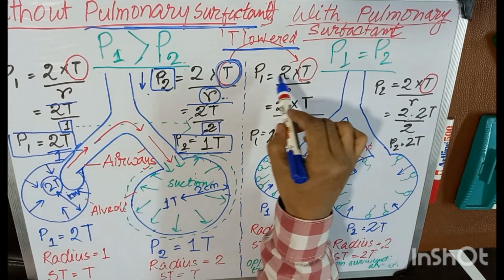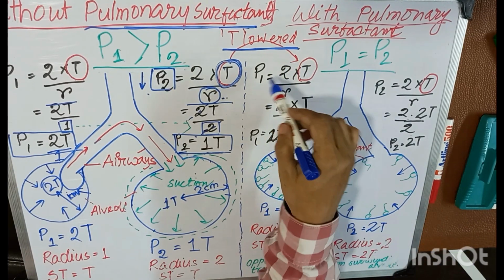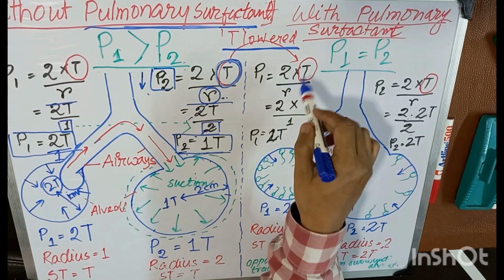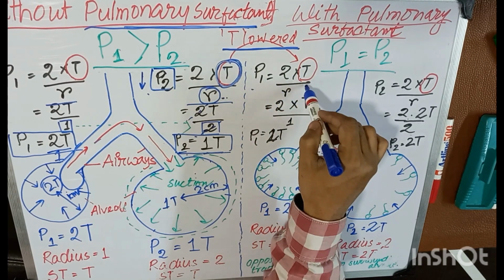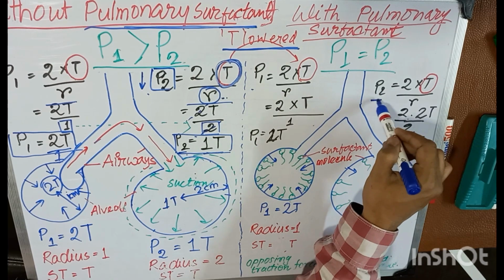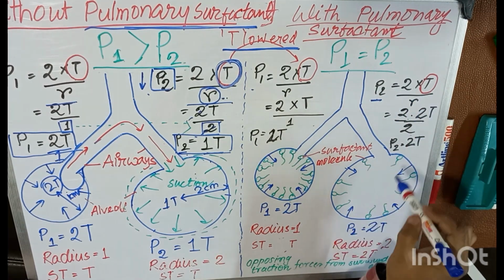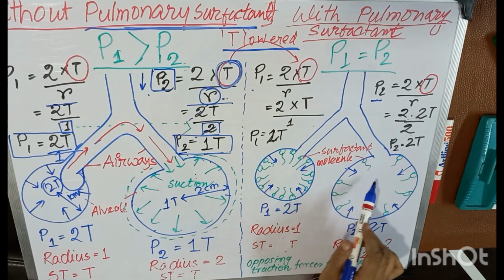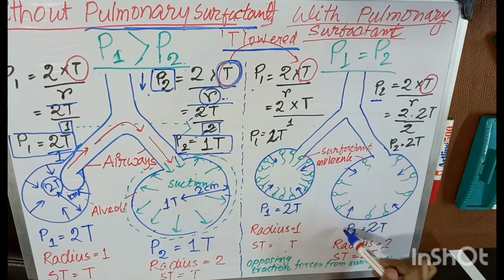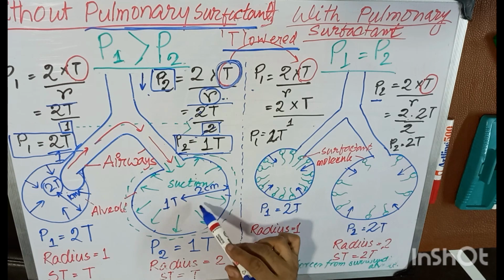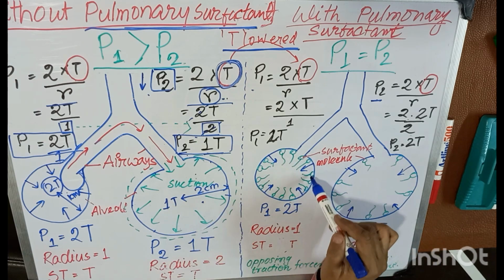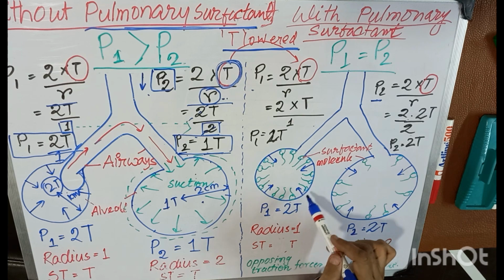Say P is equal to 2T by R, which by now we have completely memorized. I have drawn two alveoli here: an expanded alveolus just like this, and an alveolus of the original shape and size.